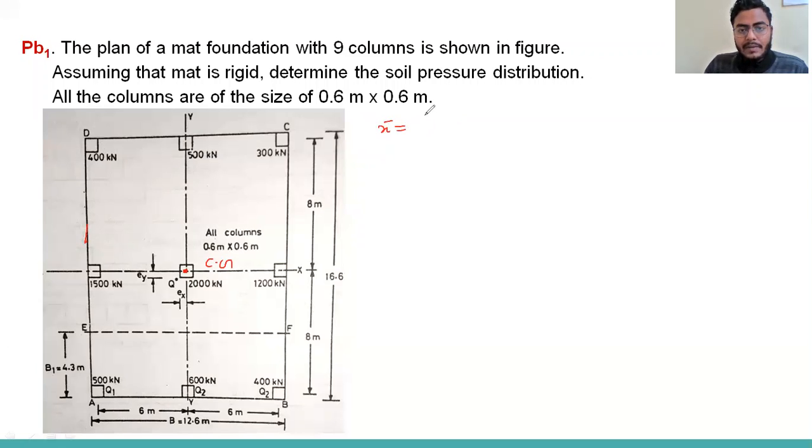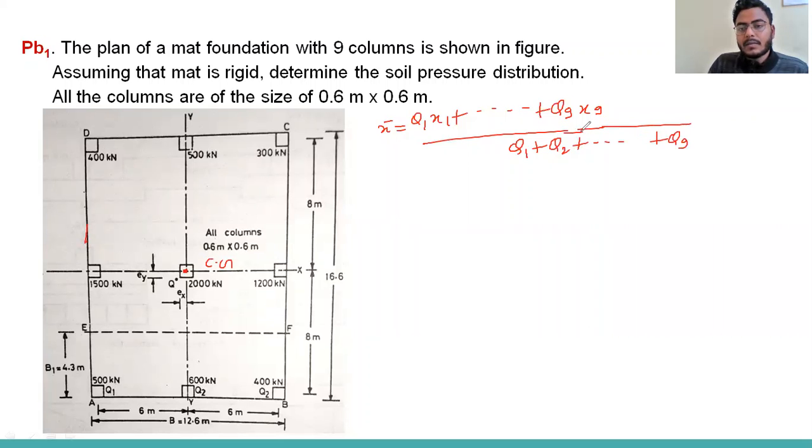For the X bar, we can write the formula: Q1 X1 plus ... Q9 into X9 divided by Q, the total loads, Q1, Q2 plus ... Q9. Now we can write the values. Here is Q1, Q4, and this load; they are all at the same distance.